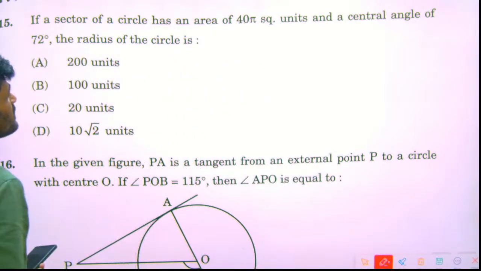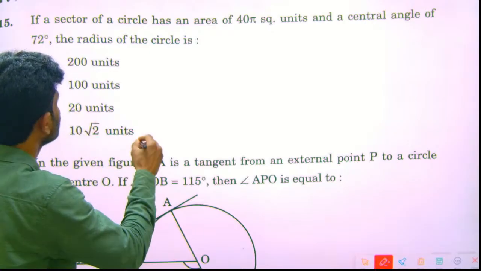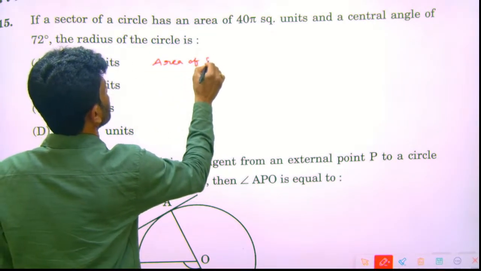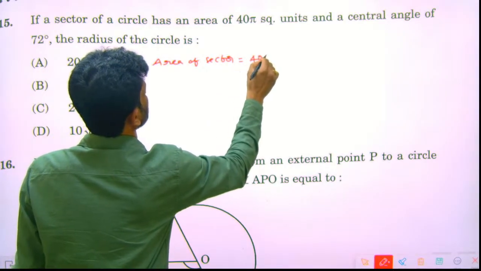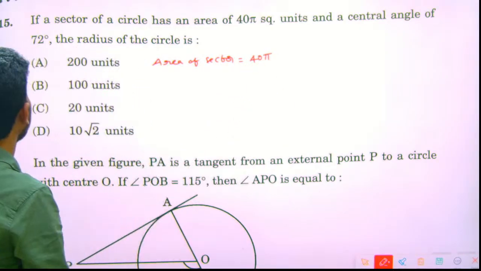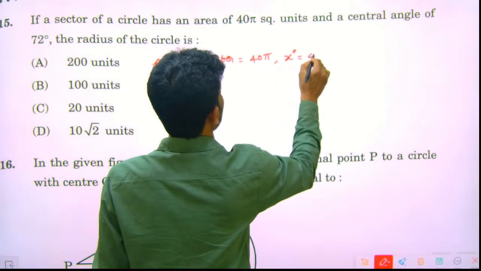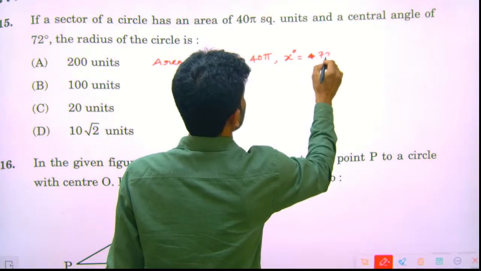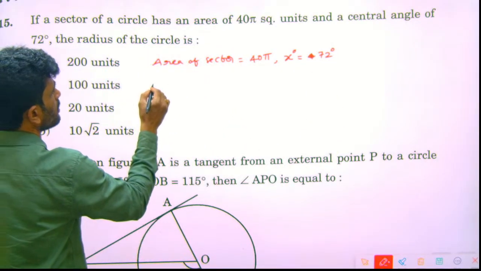If a sector of a circle has an area of 40 pi, so area of sector is given, equal to 40 pi, and one more thing given, central angle x degrees is equal to 72 degrees. Now area of a sector formula is what?